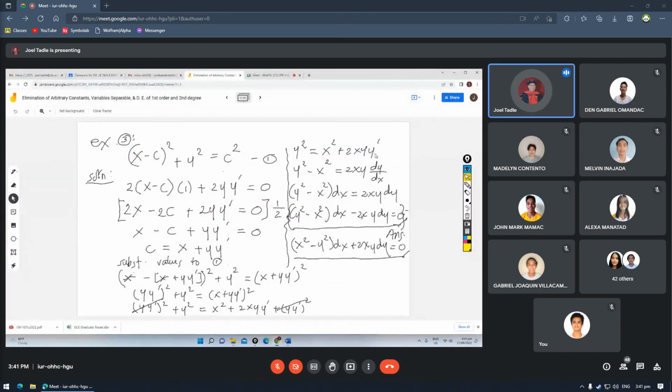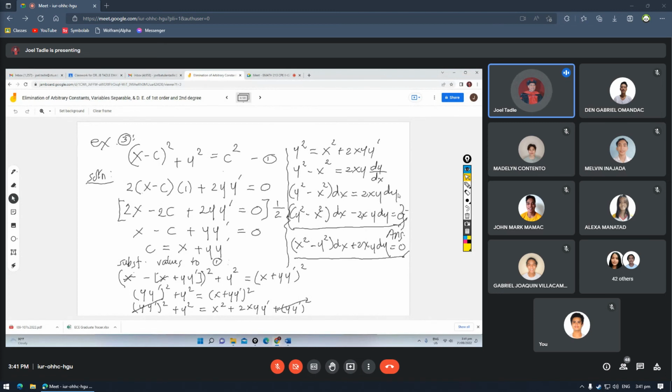Atong gi-replacean ang y prime sa dy over dx, then atong gi cross multiply, no? So if we'll cross multiply, so y squared minus x squared, atong i-close parenthesis, times dx, then equals 2xy dy.